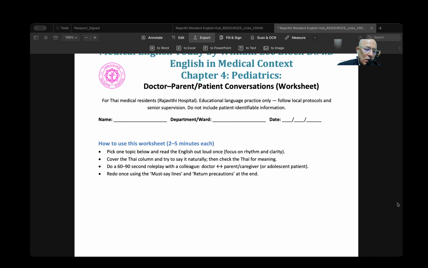orthopedics, obstetrics and gynecology, pediatrics, dermatology, ophthalmology, ear, nose, and throat, psychiatry, and I don't think we have any psychiatry residents at Rajawati, anesthetics, accident, and emergency. Right here in this book. This book is made redundant by the power of AI in 2025, 2026 here.